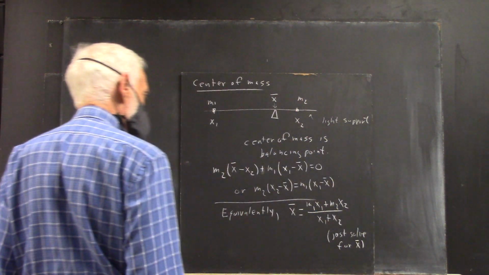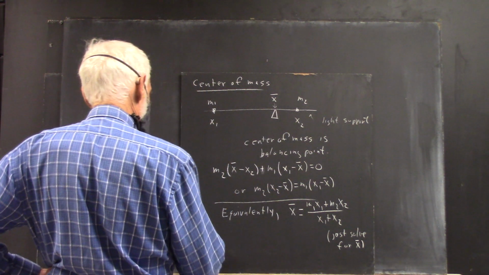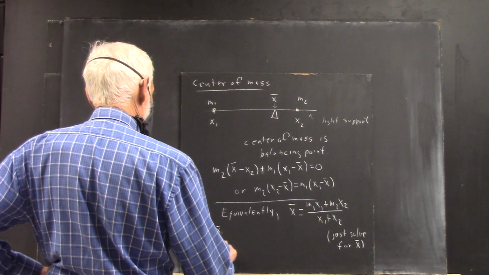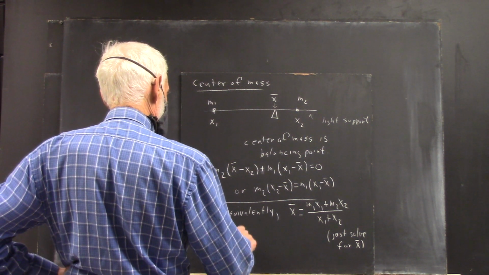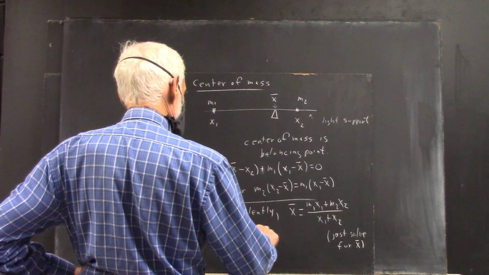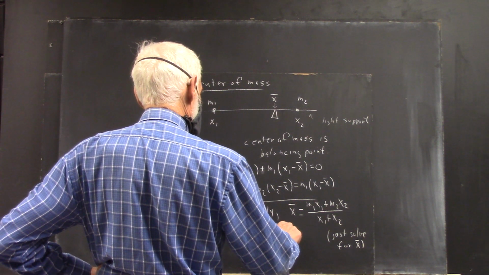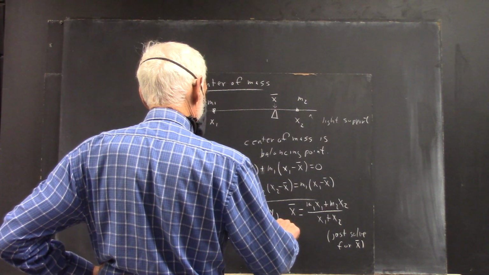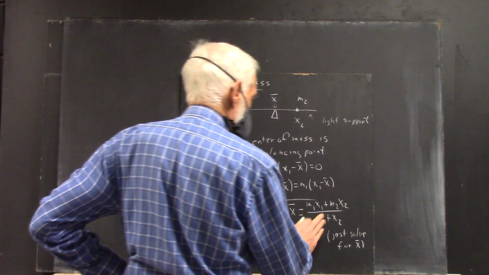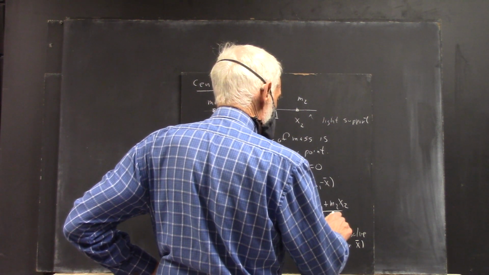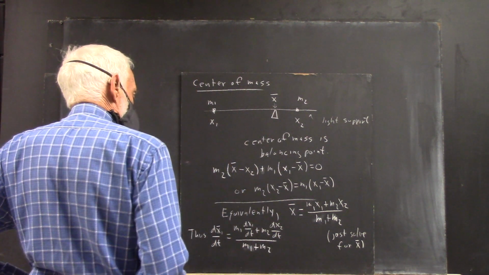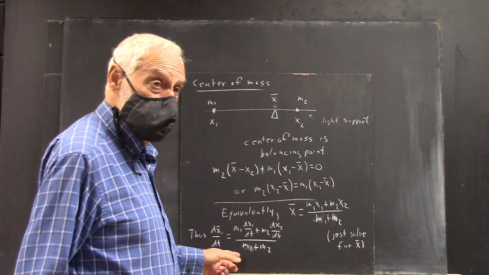And that's where it comes from. Thus, you take the derivative of both sides, and it's not x1 plus x2, it's m1 plus m2. Just follow the rules for derivatives.